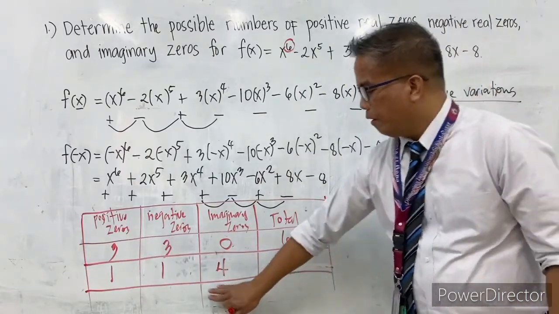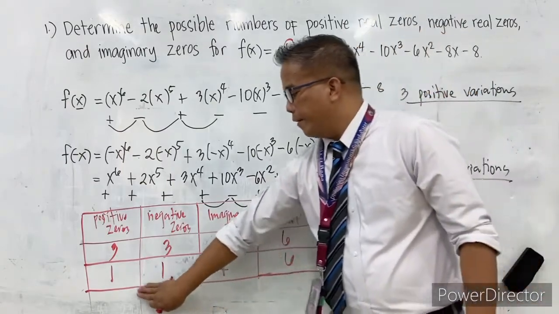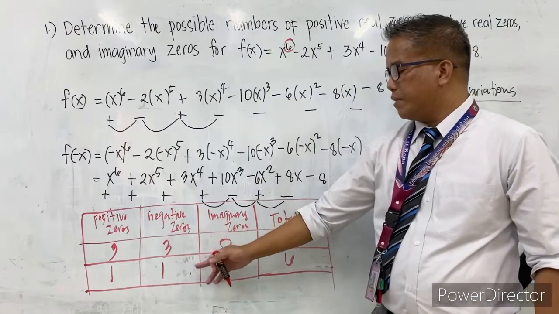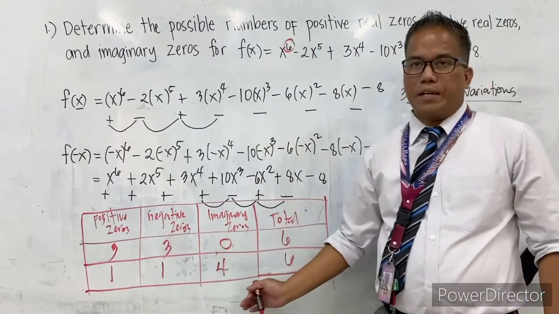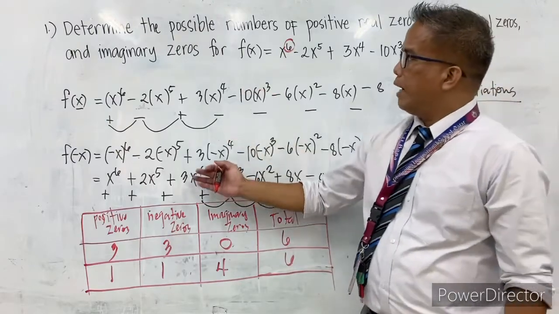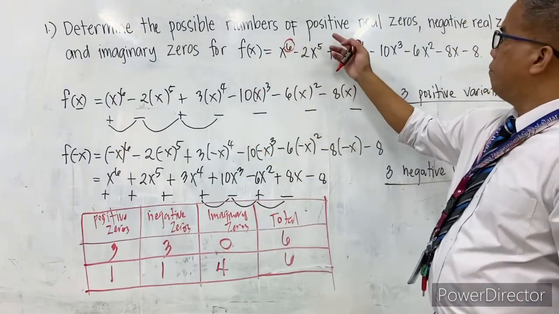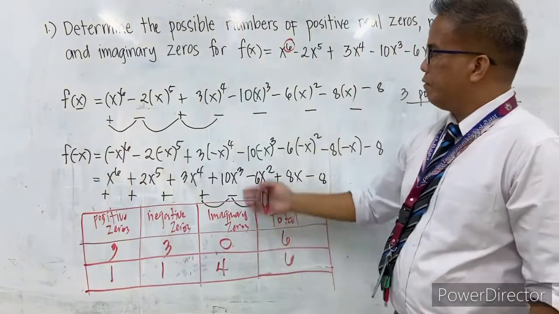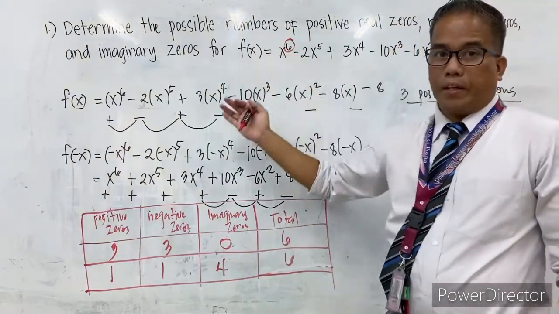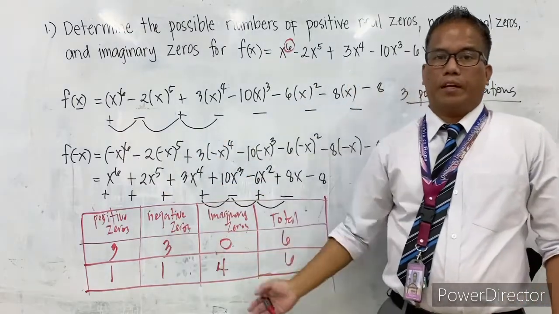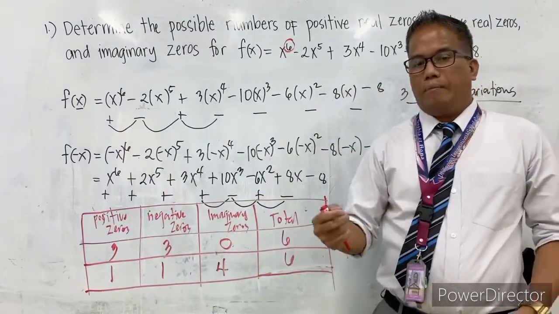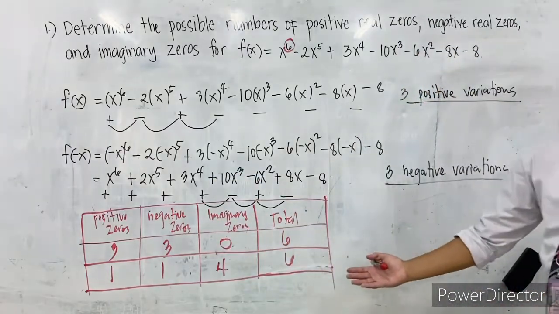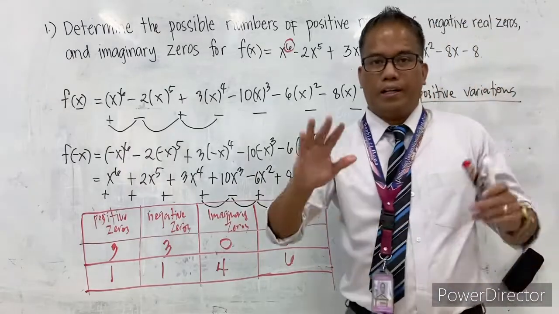So therefore, we have 1 positive zero, 1 negative zero, and 4 imaginary zeros. These are the possible numbers of positive real zeros, negative real zeros, and imaginary zeros of the given polynomial. I hope you understand these solutions. Thank you for listening.